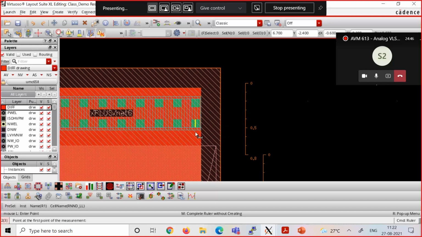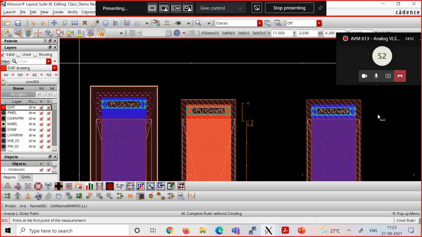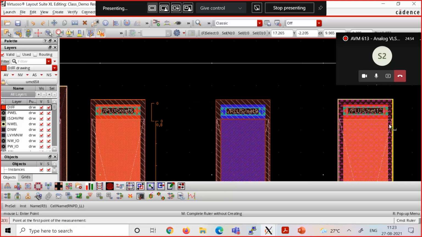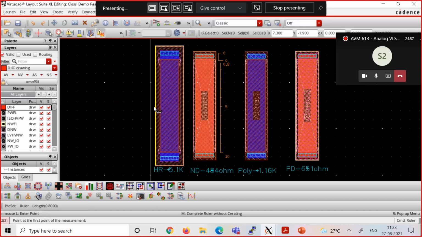In this case it is a diffusion extension, and in this case a poly extension. In this case also a diffusion extension. Depending on which type of resistor you're looking at, that extended area is what is called R end, or rather the resistance due to that extended area. Does it make sense?